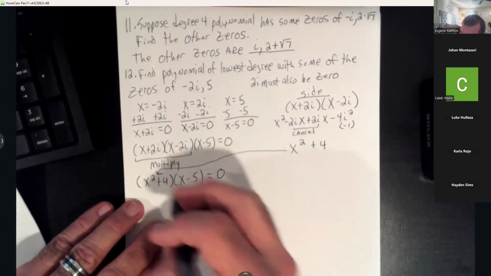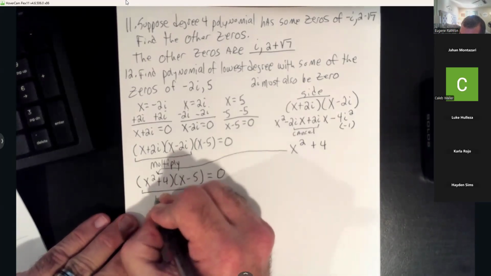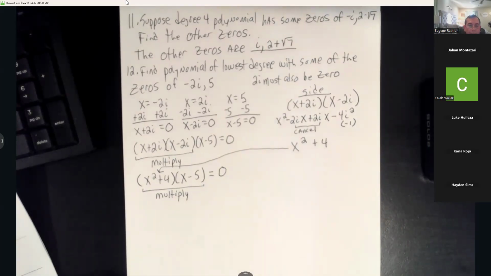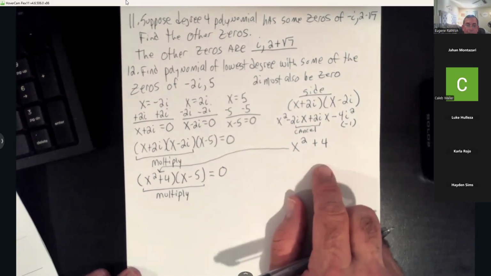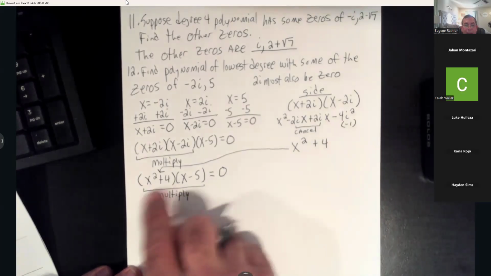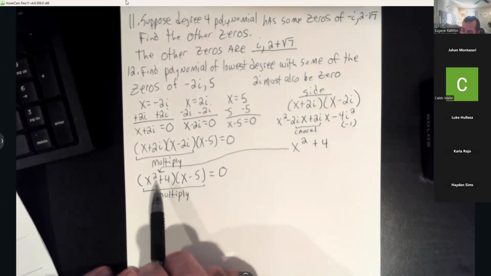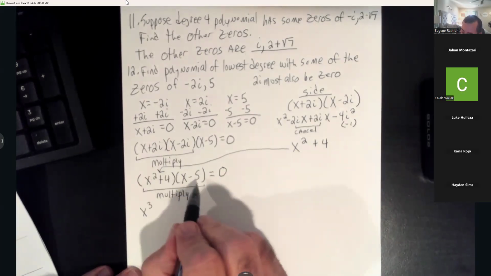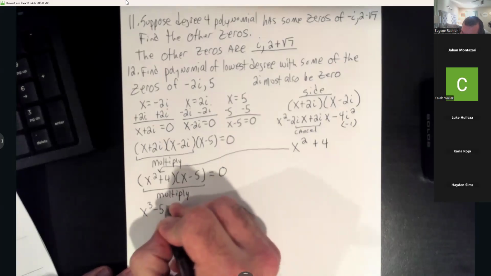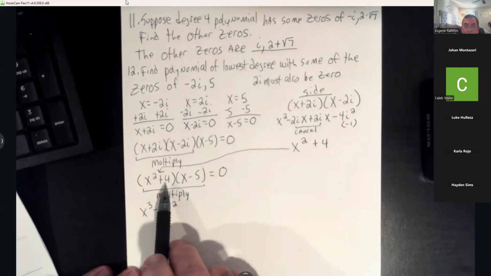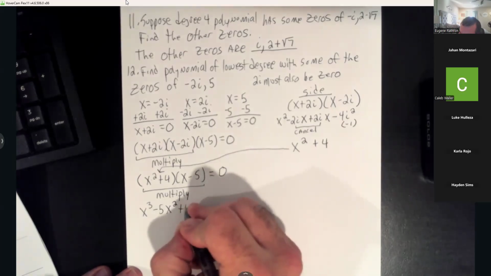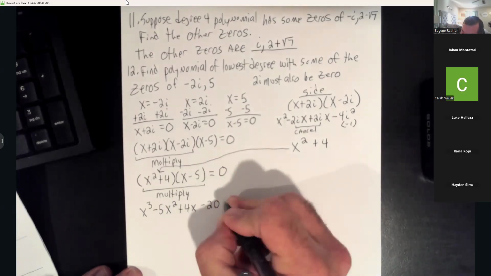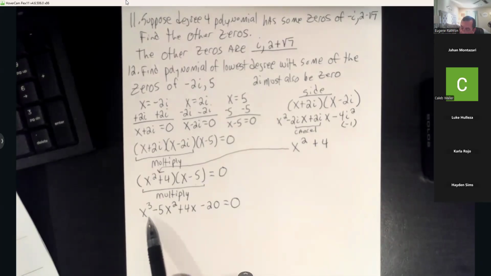All right, so guess what? Now we get to multiply these together. And I'll just multiply them over here instead of going to the side because it's the last thing I got to multiply. So let's see what we get. x squared times x is x cubed. x squared times negative 5 is a negative 5x squared. 4 times x is a 4x. And then 4 times negative 5 is a negative 20. All right, y'all, so let's see.